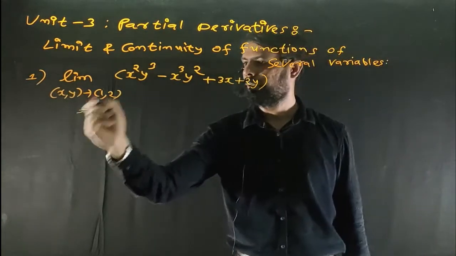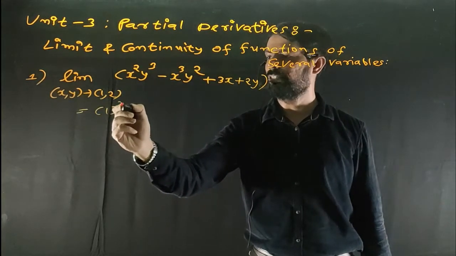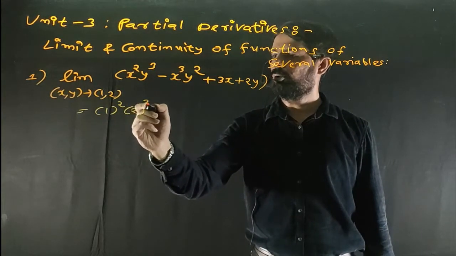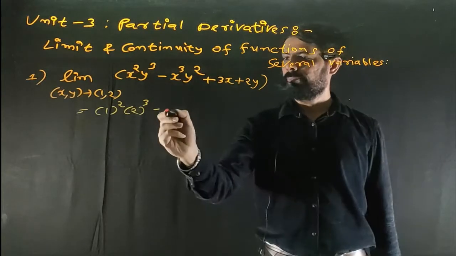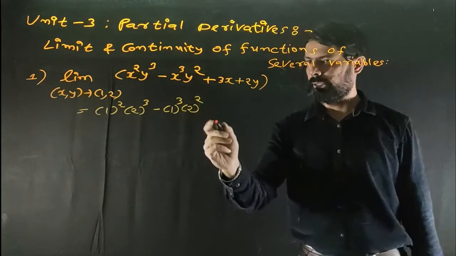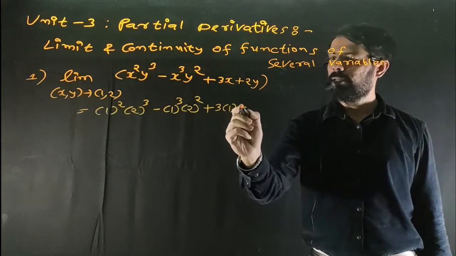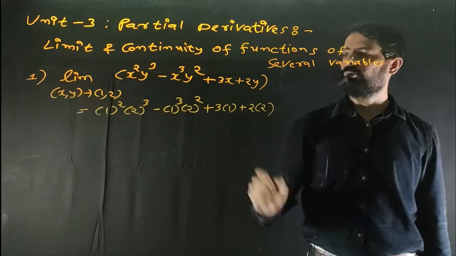So it will be 1 square into 2 cube minus 1 cube into 2 square plus 3 into 1 plus 2 into 2.